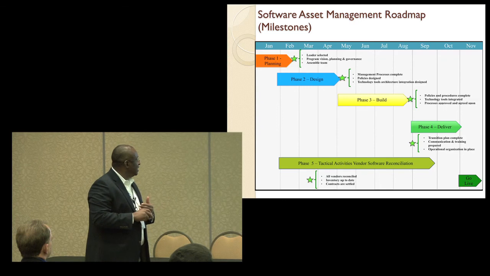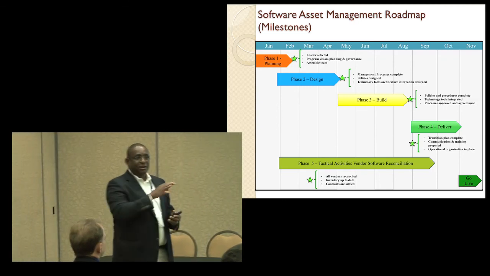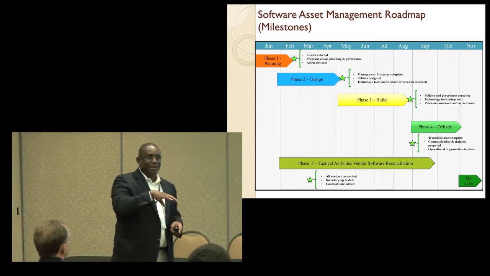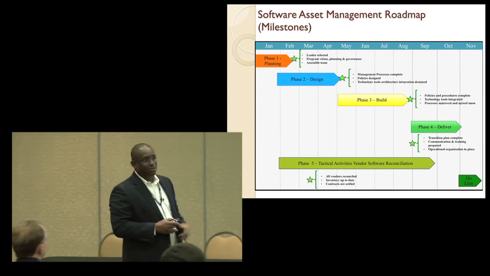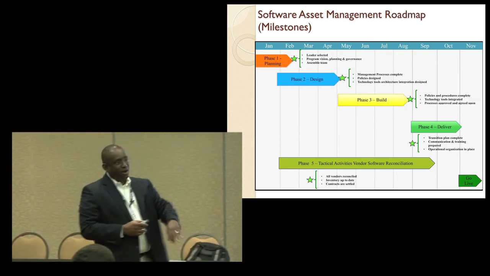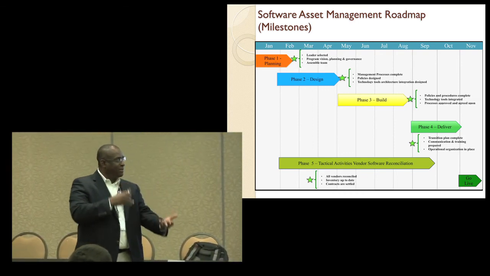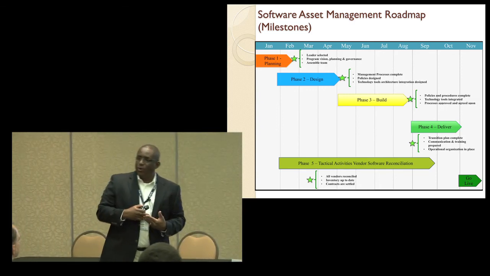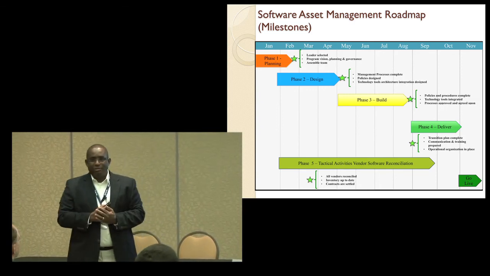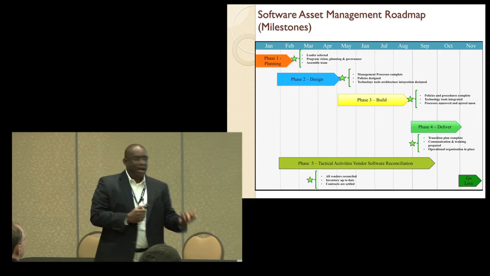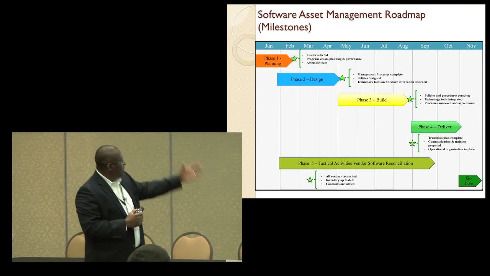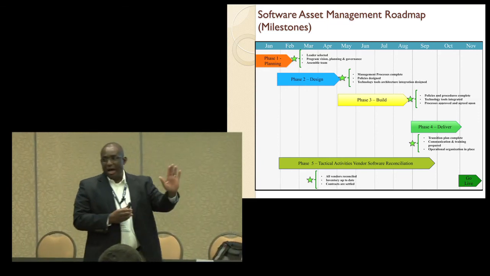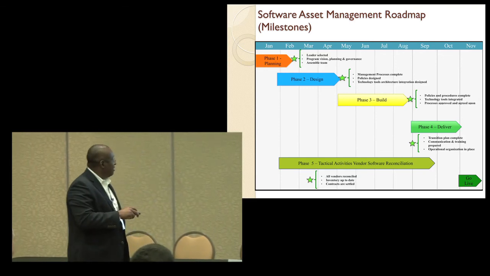But behind the scenes, what's going on is that you do have existing contracts in place, right? You do have existing software in place. So there has to be some reconciliation, and going forward, looking at what's the inventory? What do we have? And really trying to reconcile that so that when you come forward to go live, all of that is taken care of here in this phase.